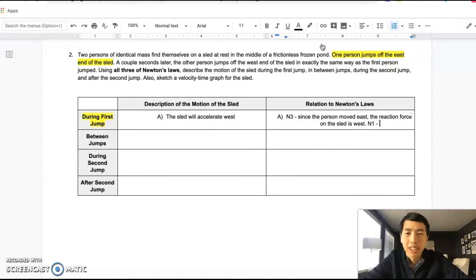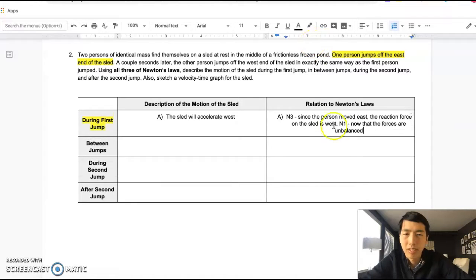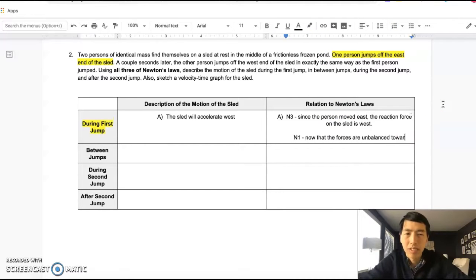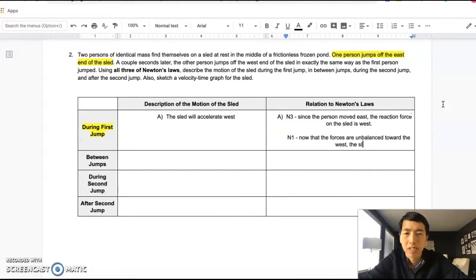So the reaction force unbalances the forces on the sled. The sled was just starting at rest, but now that the forces are unbalanced, it will accelerate that way. Okay, so that's what happens during the first jump.